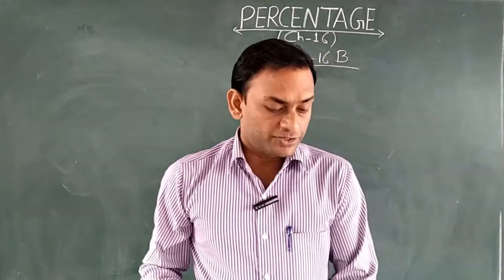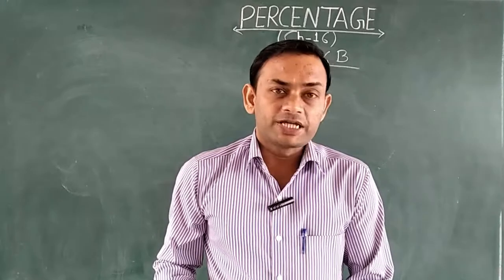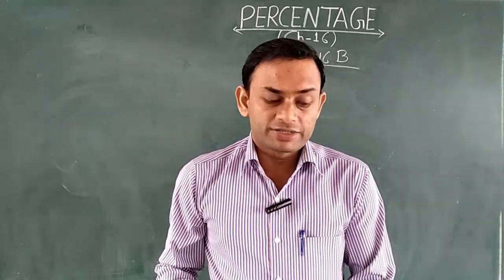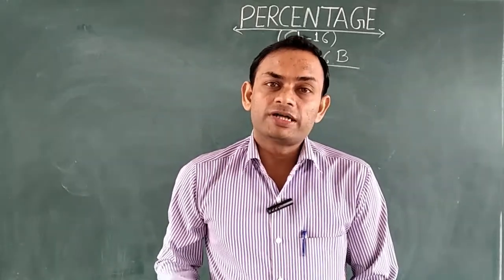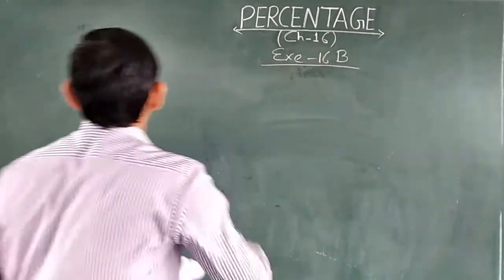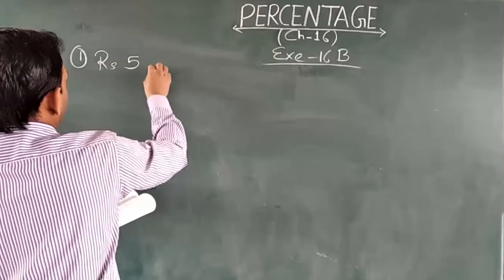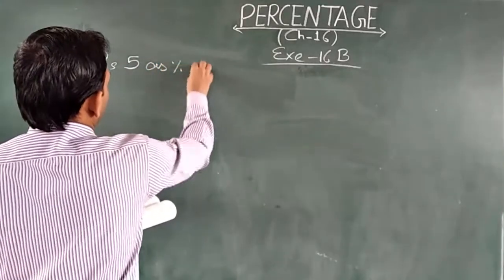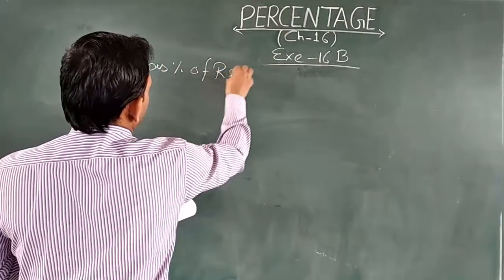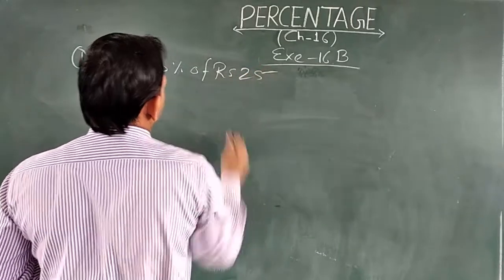The first question of this exercise is saying: express 5 rupees as a percentage of 25 rupees.